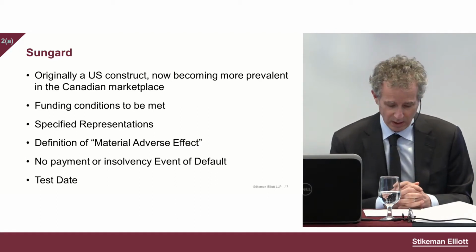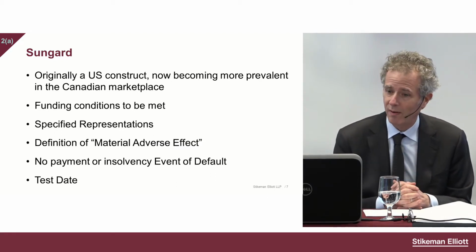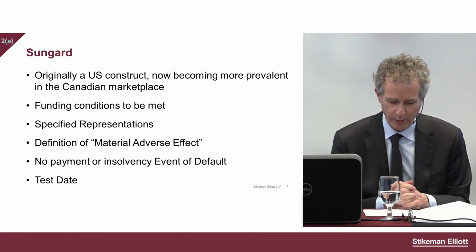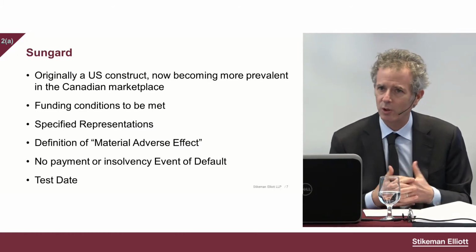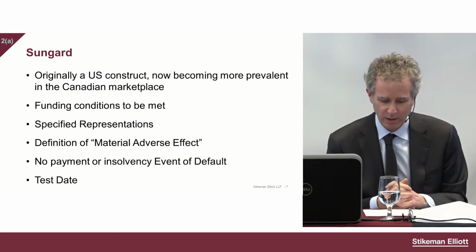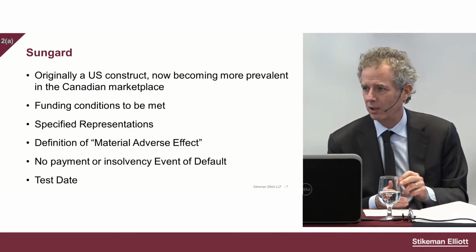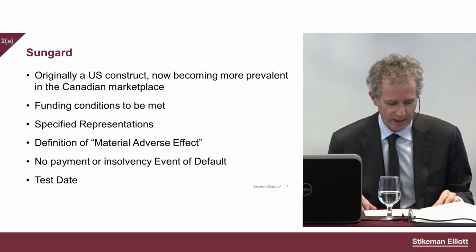So what are some of these conditions? Closing of the acquisition, issuance of a borrowing request. I would say also other customary ancillary documents such as officer certificates, corporate resolutions, and legal opinions.